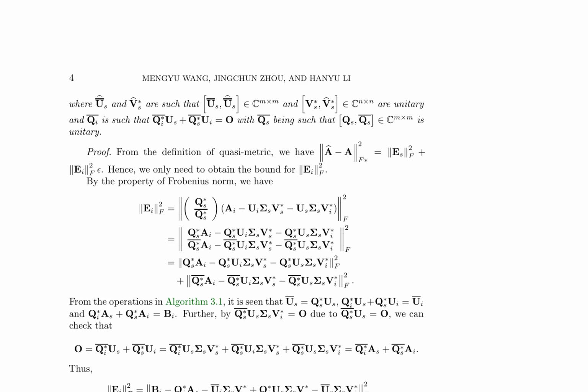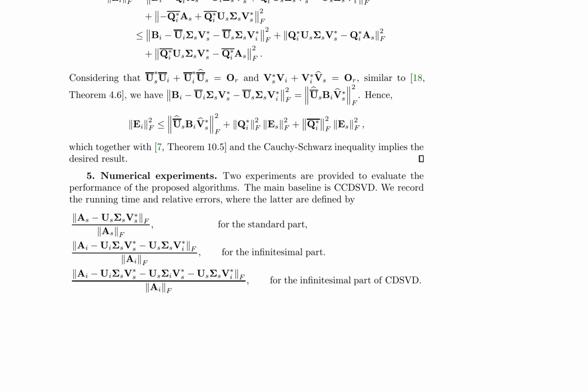The second term, the squared Frobenius norm of Q-star times Psi minus Q-star times Us sigma Vs-star times S minus Q-star times Us sigma Vs-star times I, is bounded using the property of Frobenius norm.